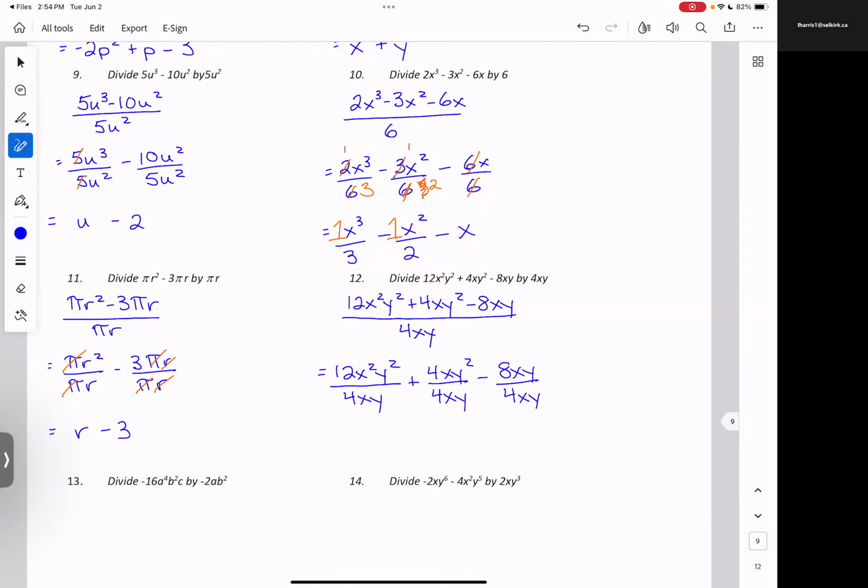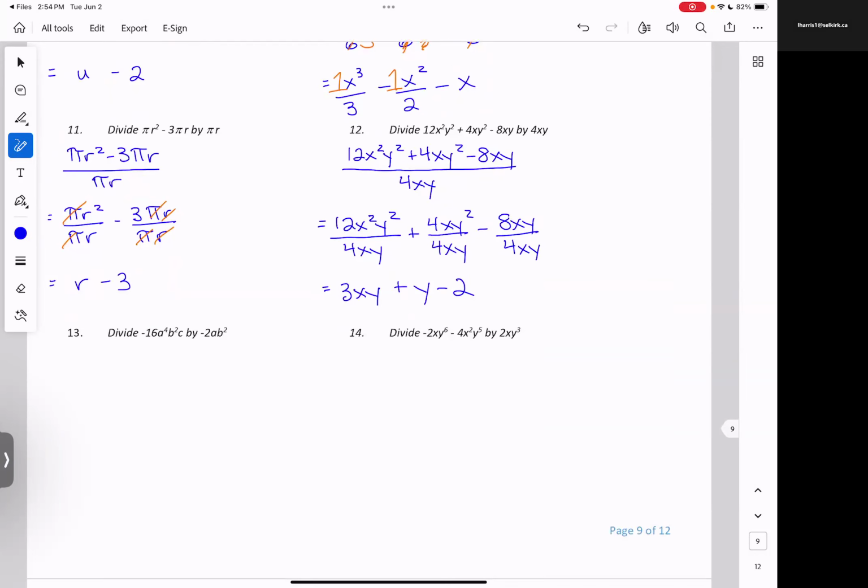Then we'll do each of those divisions. So we get 3xy plus y minus 2.